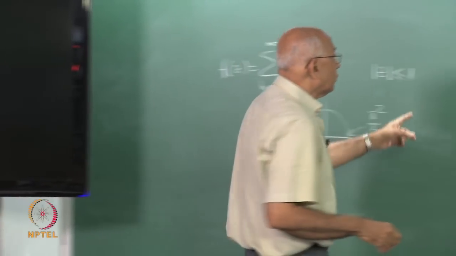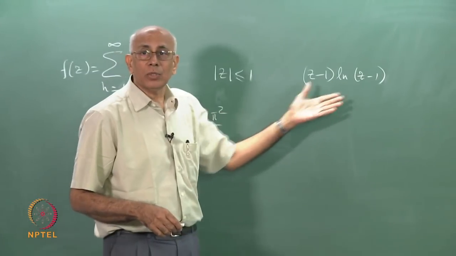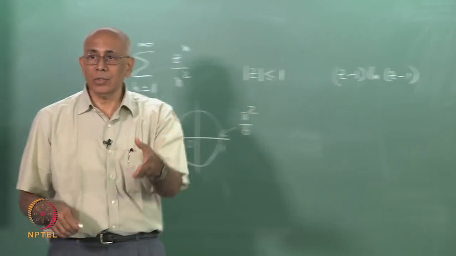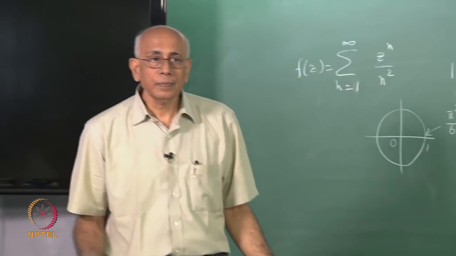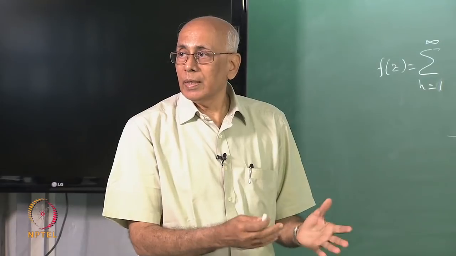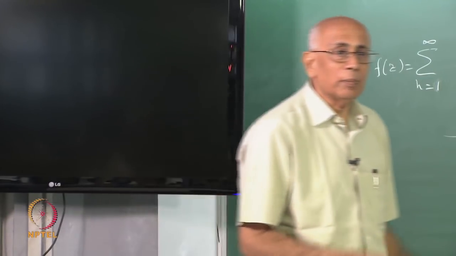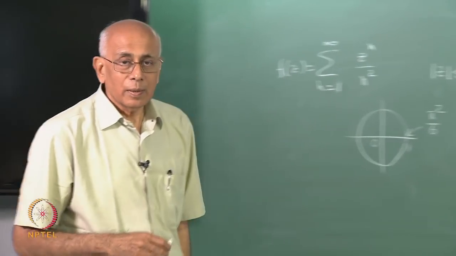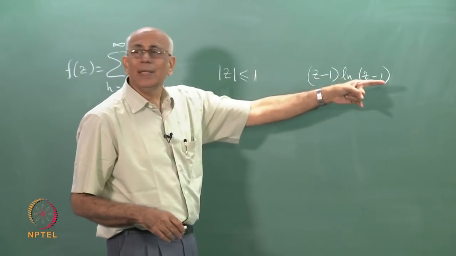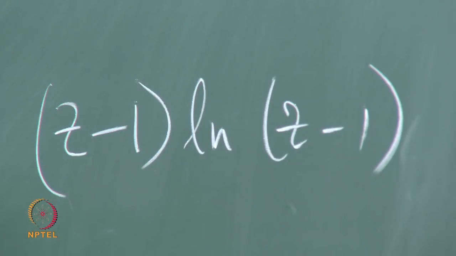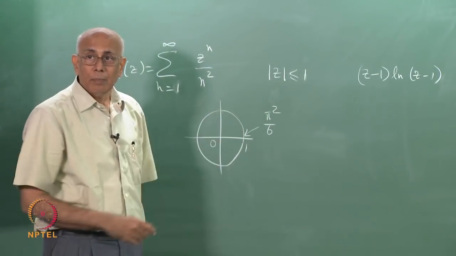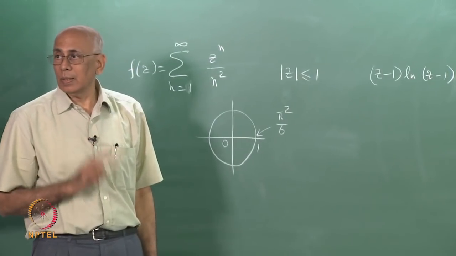But what is the limit of z minus 1 log z minus 1 as z tends to 1? Well, the log tends to infinity and z minus 1 tends to 0, but which is stronger, the power or the log? The power is stronger. So the limit of this as z tends to 1 actually is 0. So the singular part of this function vanishes, happens to be 0, but nevertheless it is singular at that point.